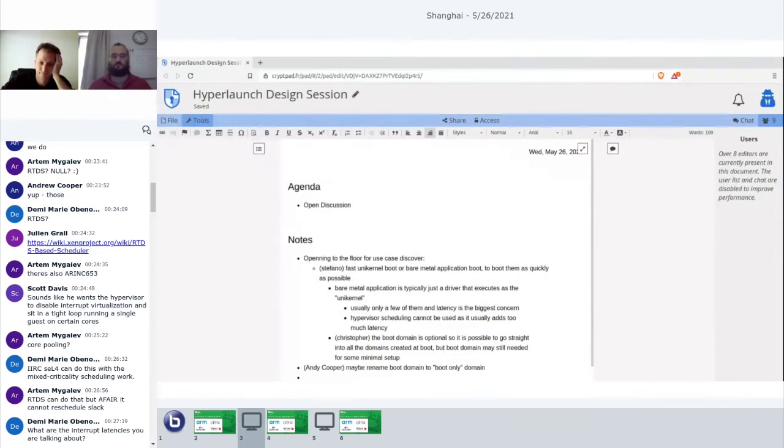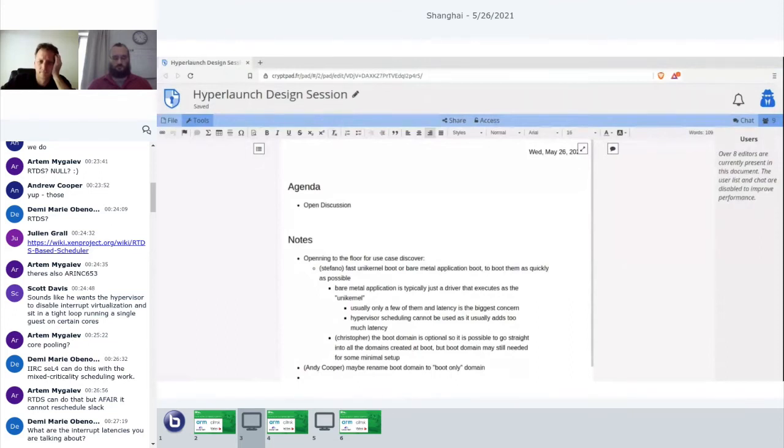Okay, that's the first observation. Second observation: if we had more detailed XSM policies or things like that, then DOM0 could actually be not DOM0. That will be the next step, right? Because if DOM0 doesn't need to create any other VMs, then DOM0 can also be another DOMU.